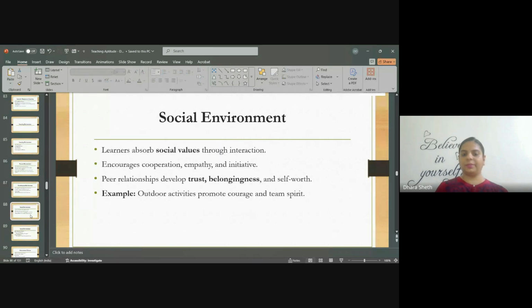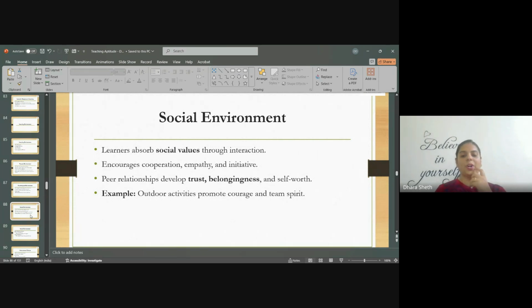Social environment: cooperation, empathy, and initiative. Initiative is leadership. Peer relationships between students develop trust, belongingness, and self-worth. So if someone is ostracized in the class or there's someone who's being bullied, it would affect their scores.